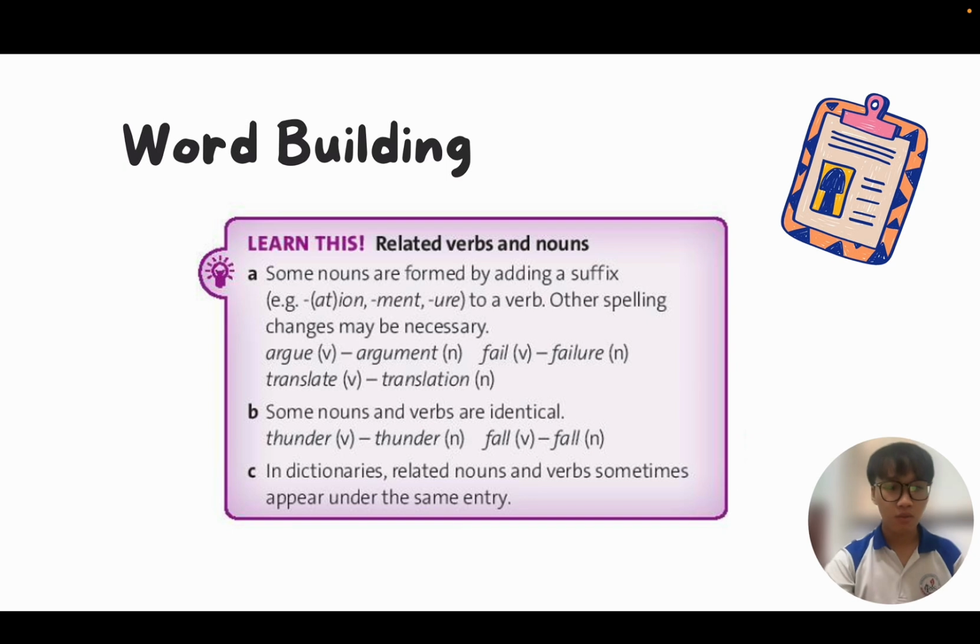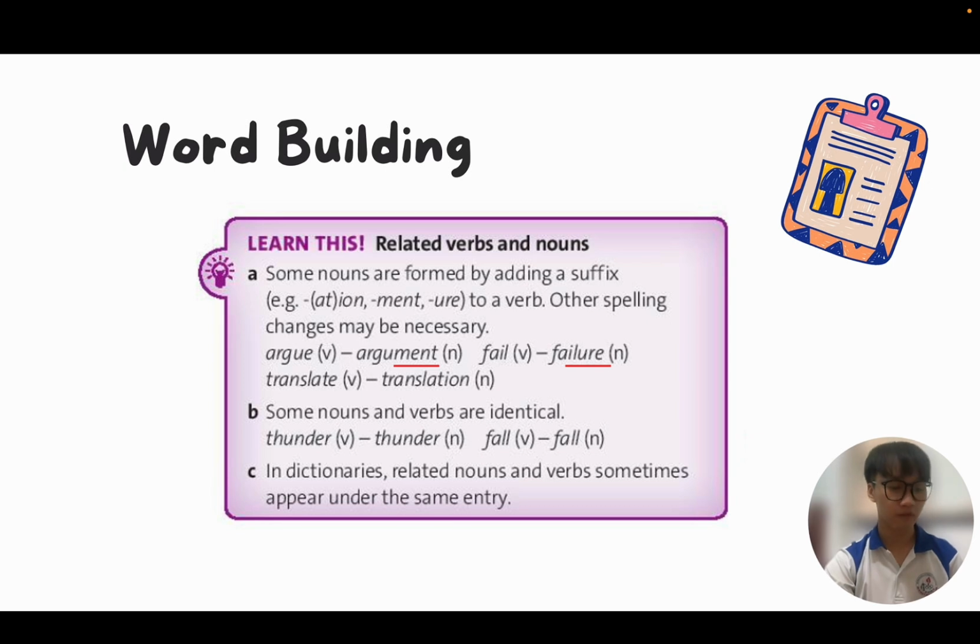For example, we have argue, right? Argue is a verb, and then we transform it into a noun by adding the suffix -ment. Yes, and then the noun is argument, right? And with the verb fail, we would transform it into a noun, like fail into failure, right?